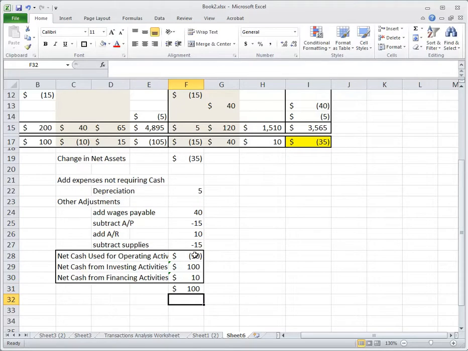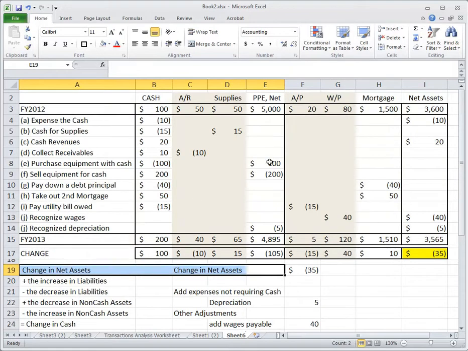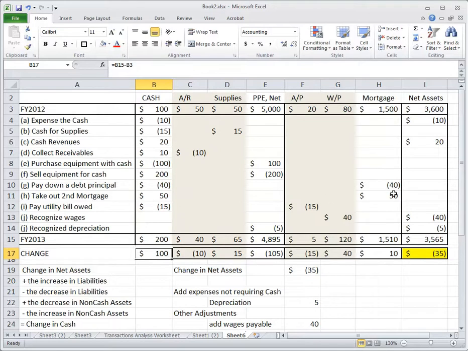we're going to get the $10 increase from financing, and the 10 is essentially offsetting this operating loss, and then the $100 increase is mostly associated with having sold an asset and buying another one that's a lot cheaper, or we don't know if it's exactly a replacement situation here, but essentially we can see that we covered an operating loss with having borrowed money, and all of our positive cash increase comes from having sold some equipment and not having purchased as much as we sold.